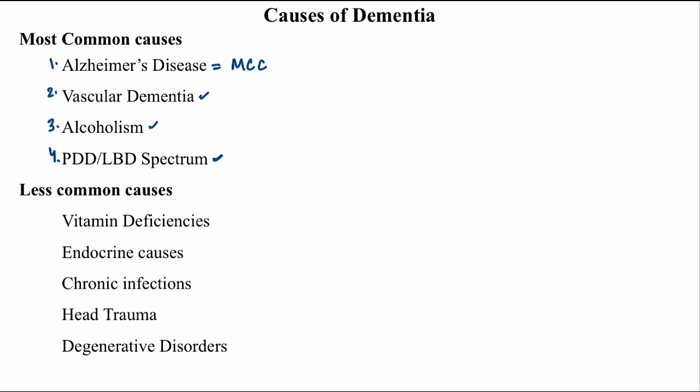Then there are a few less common causes, like vitamin deficiencies. Vitamin B12 deficiency may be there, right? It can cause dementia. Then endocrine causes like hypothyroidism or Addison disease.